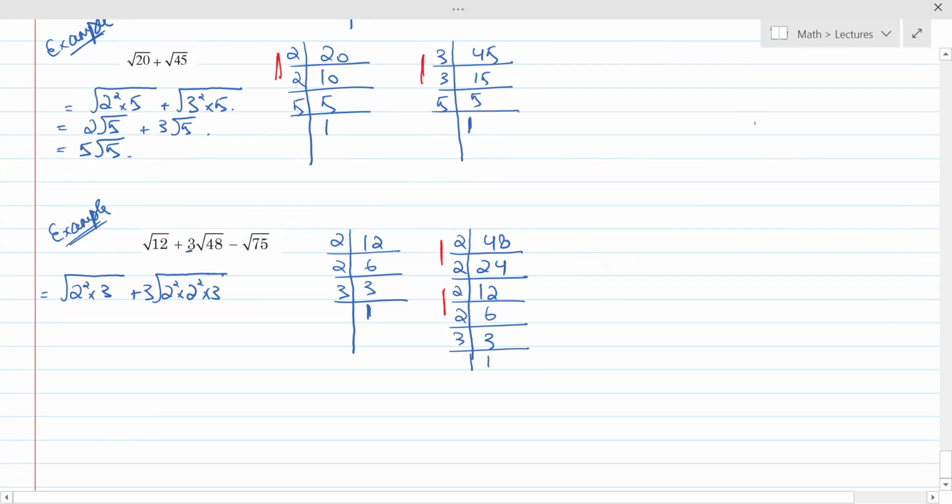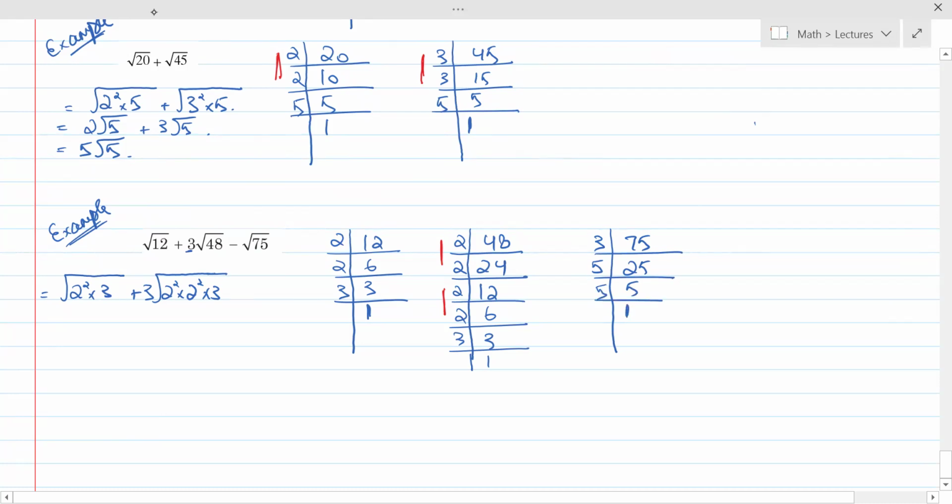Finally, for root 75, we'll find the prime factors for 75 also. 75 doesn't get divided by 2, so we look for the next prime number, which is 3. So 3 into 25. 25 cannot be divided by 3, so we look for the next prime number, which is 5. So 5 5s are 25, 5 1s are 5.